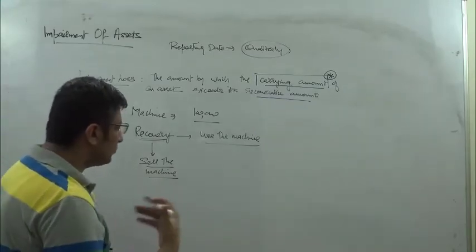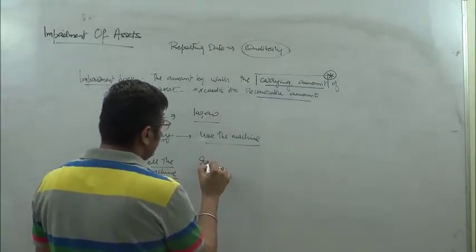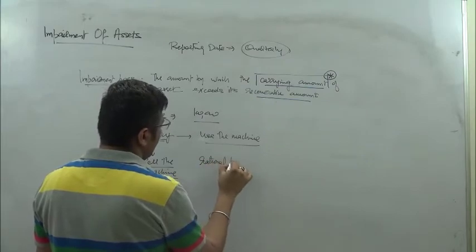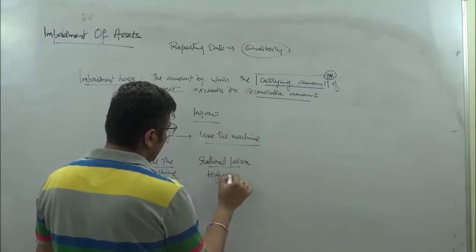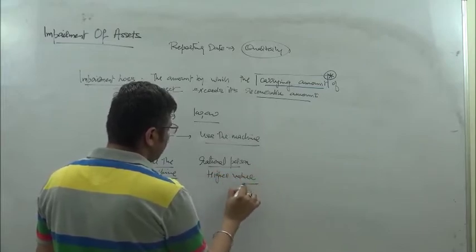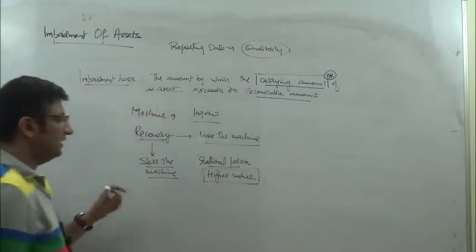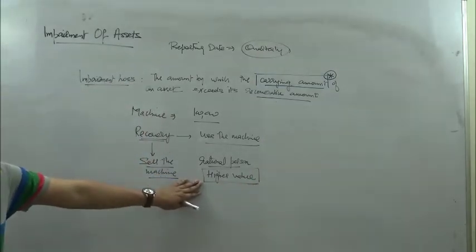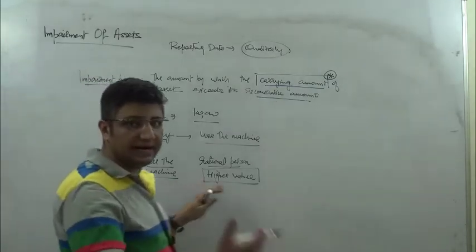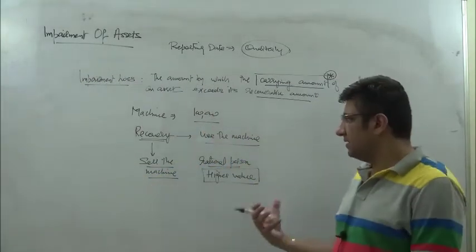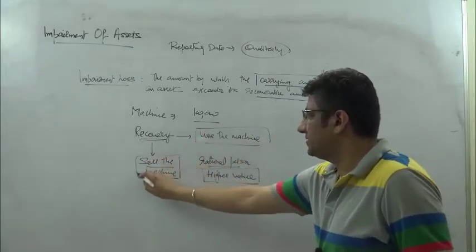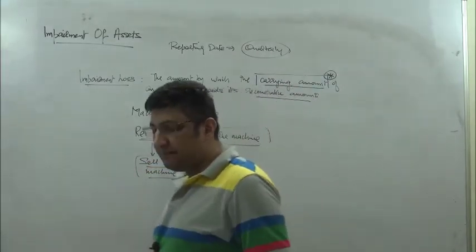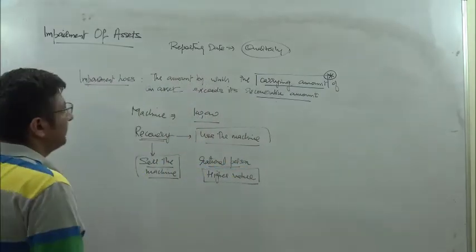I would naturally, as a rational person, like to select the option which gives a higher value. Whatever gives me a higher return, I'm supposedly going to take that option. So when I say that, I'm looking at my recoverable amount. Yeah.